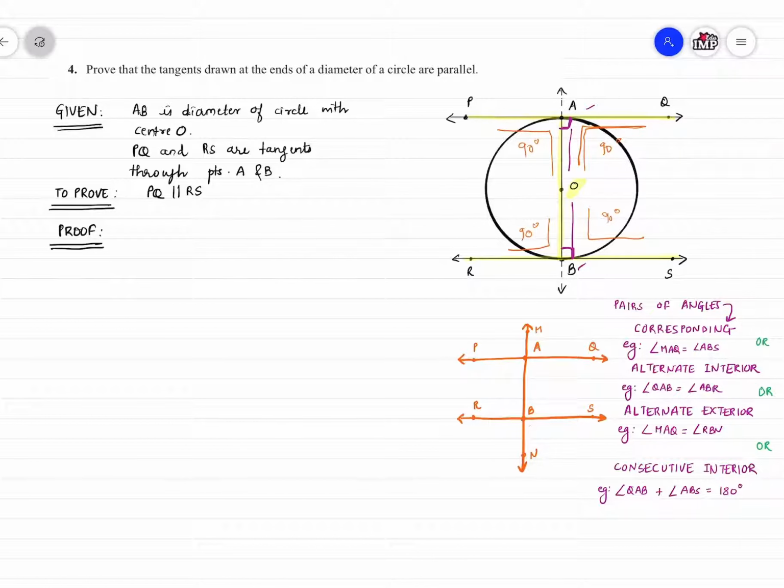Now, if we extend AB such that it is a line which passes through PQ and RS, that will act as a transversal. So AB is nothing but our transversal.